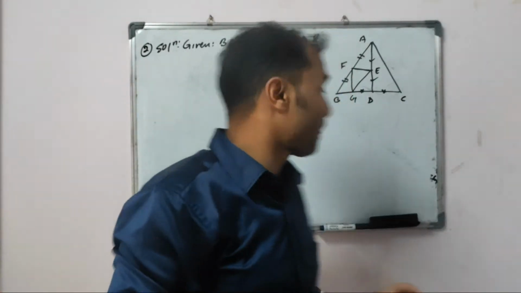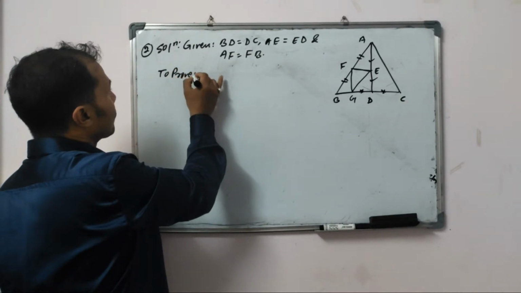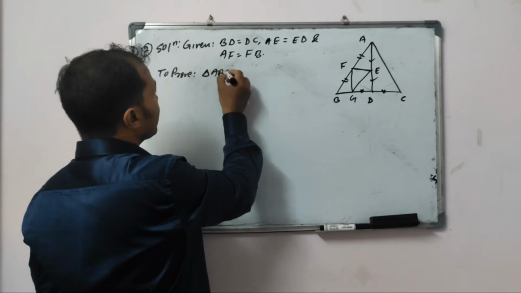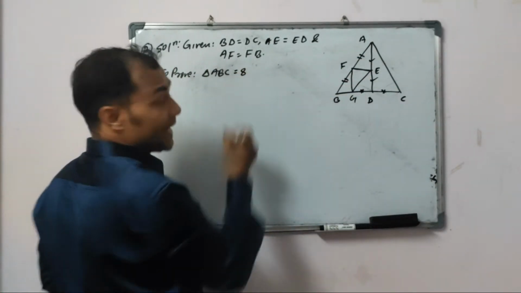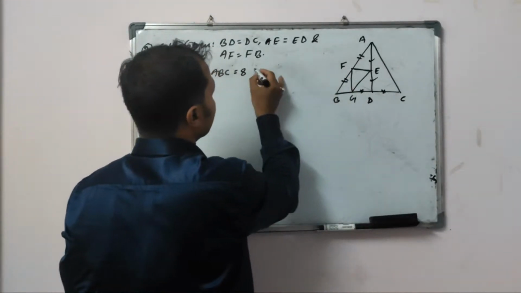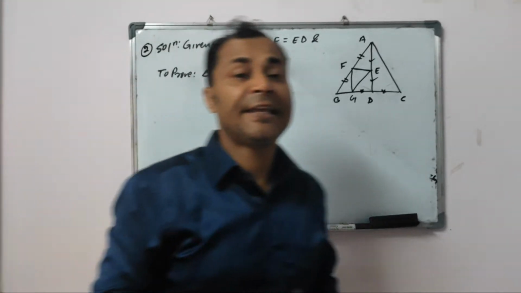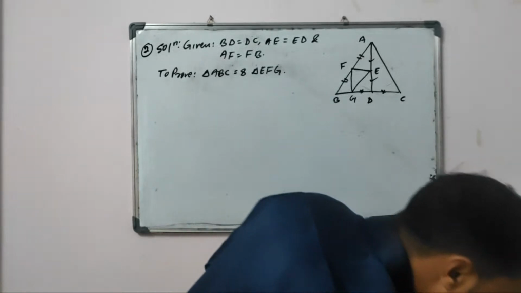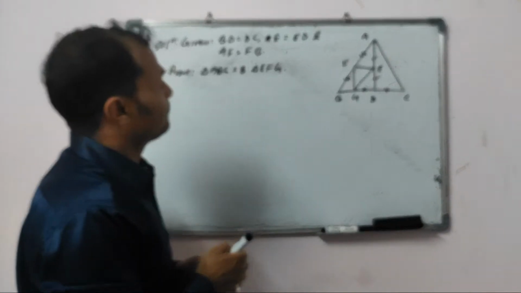Just this much is given. Now what is to prove? You have to prove that triangle ABC, the largest triangle, is equal to 8 times triangle EFG. So hope you guys are understanding this.